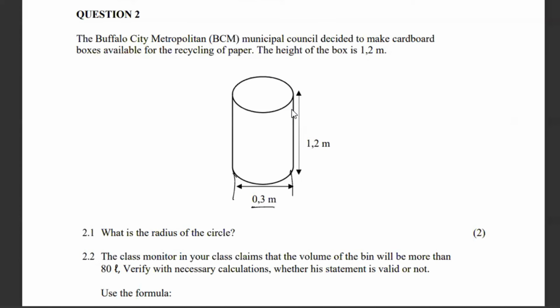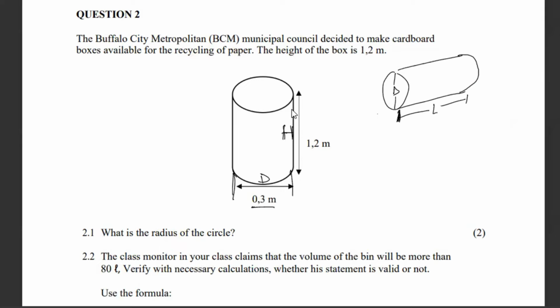That's why we call it the diameter. Now this is the height because it's going up. If it was lying down like this, then this would become length, and this would still be your diameter.